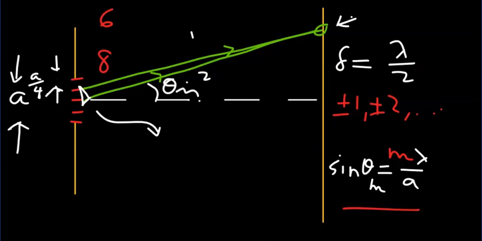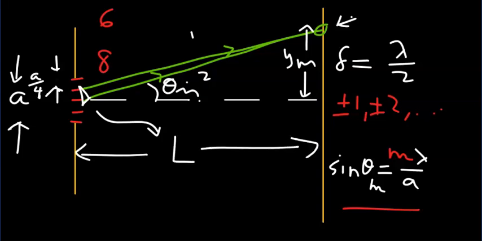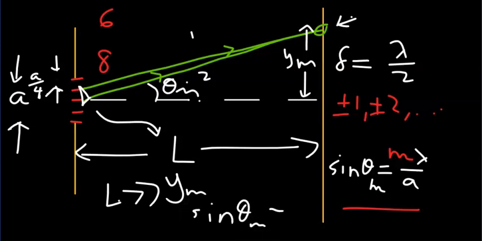The lateral position, namely this length, let's call it y m. If the distance between the slit and the screen is L, then if L is much larger than y m, we see that sine theta m is approximately the same as tangent theta m, and tangent theta m is y m over L.